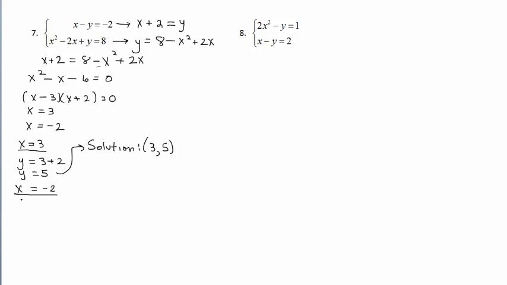All right, now when x is negative 2, y equals negative 2 plus 2, or 0. So my other solution will be negative 2 comma 0.